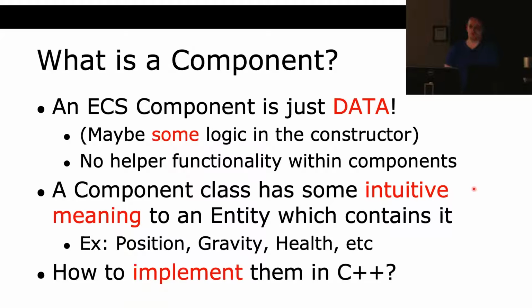So a component class is going to have some intuitive language meaning to it, right? So for example, the position component, you can probably guess what that does. The gravity component, the health component, they're pretty easy to see what they do. And that's what we want to do. We want to design a system such that it's easy to program, it's intuitive, and easy to use. How will we implement these in C++? Well, I have a bunch of examples that I'll show in a few slides.